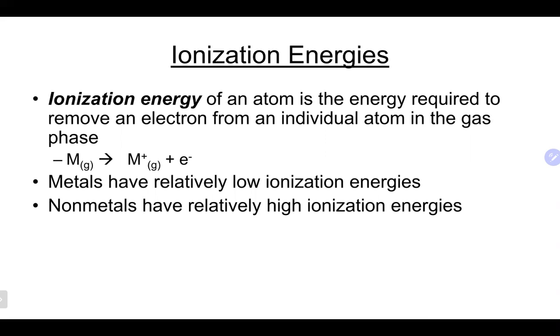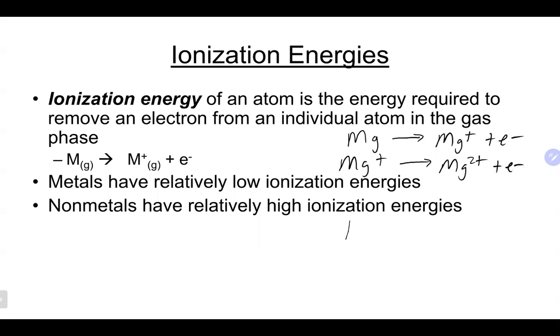By the way, electrons actually do come off one at a time, so we don't lose all the electrons at once. For example, if we looked at something like magnesium, the first thing that would happen is magnesium would lose 1 electron. Then that one that has a +1 charge would dump another electron.